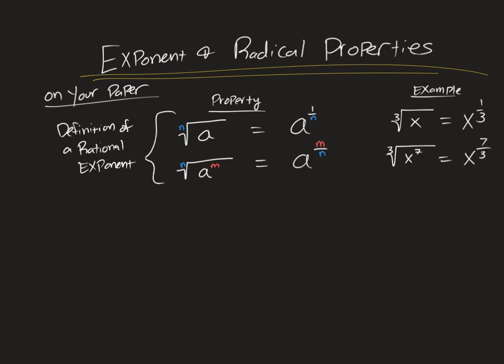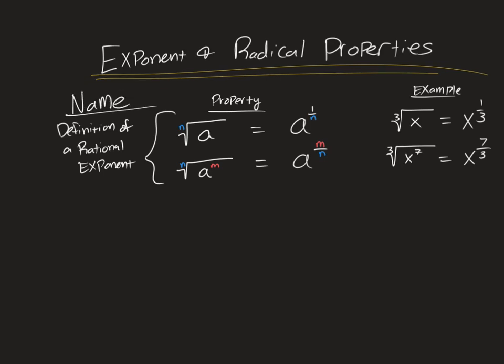And one is more simple and one is more complicated, so I made two of them. We're going to go through about 9 in total, including these two. And so I really want you to have this on your paper organized in this way. I'll give it a name, a property with letters, and then a property with an example.